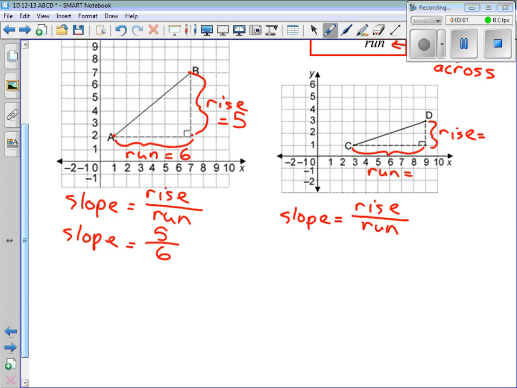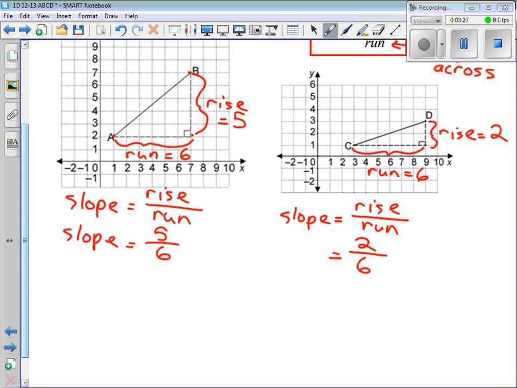How many? 2, goes up 2 boxes. Good. What is our run? How much does this thing go across here? Nazareth, how many boxes across the bottom? Is it 6? Looks good. Okay. So our slope is going to be rise 2 divided by run 6, or 2 over 6.